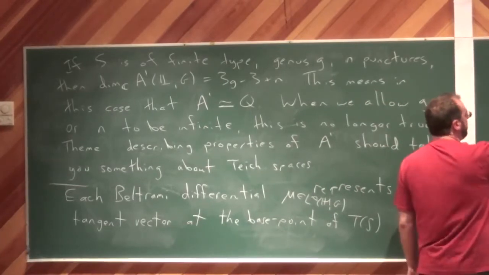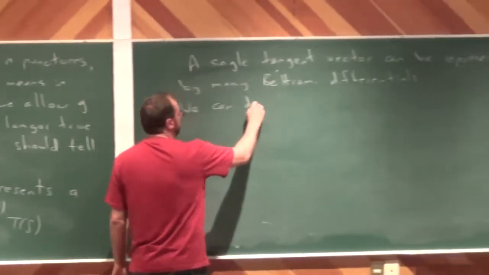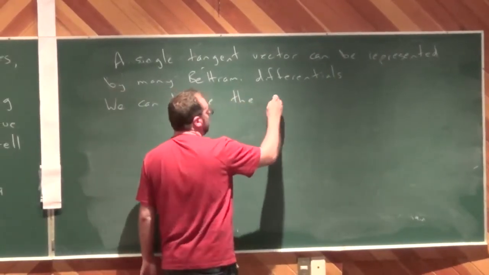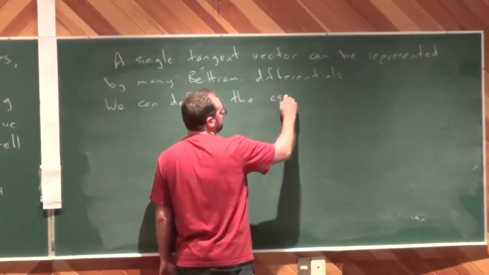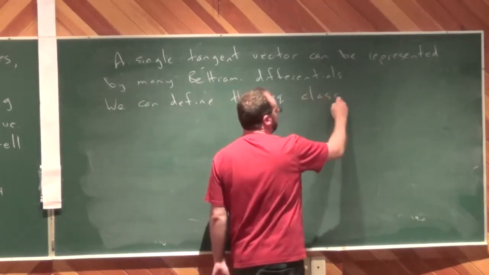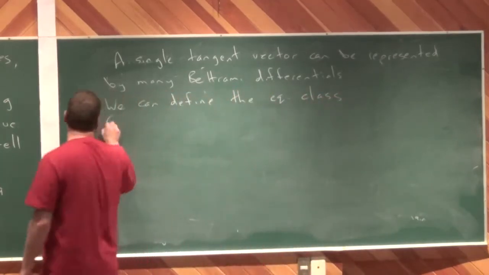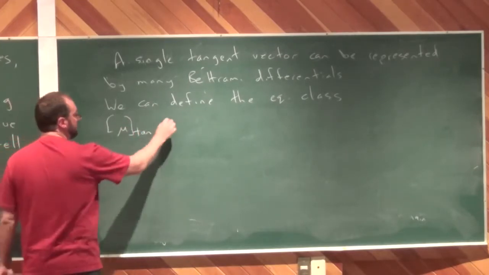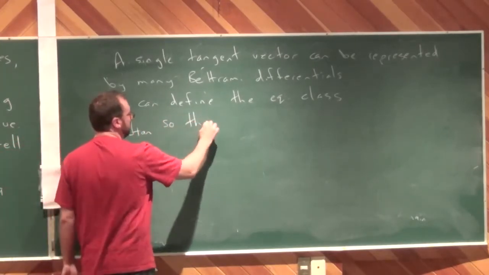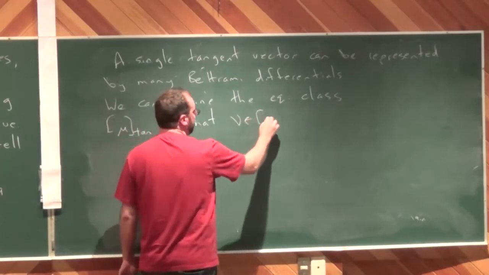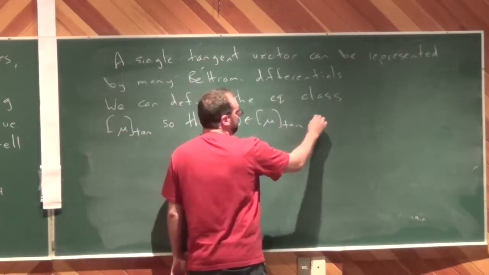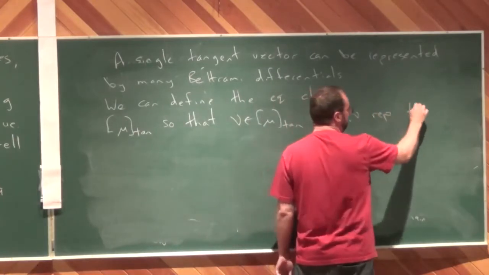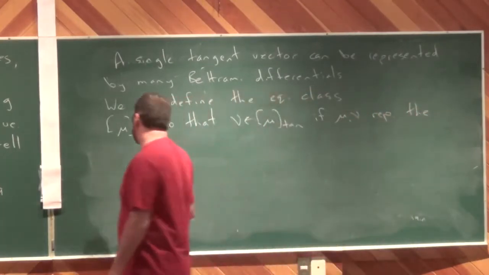So we can define the equivalence class mu tan, so that nu is in mu tan if mu and nu represent the same tangent vector.